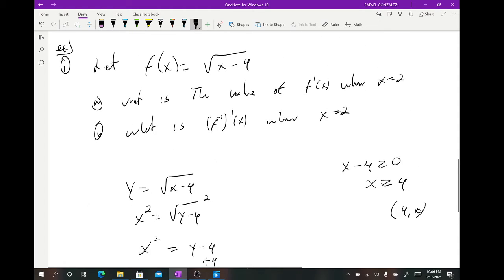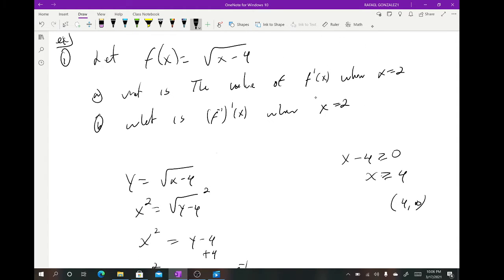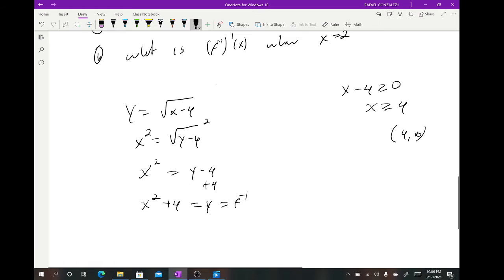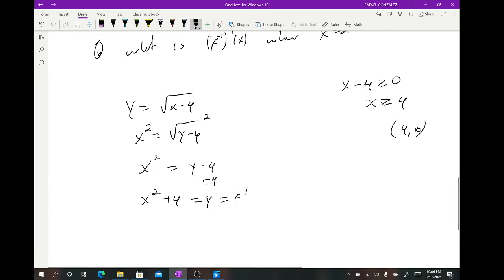Now, first question is, what is the actual value of f inverse when x equals 2? And to figure that out, we simply plug in 2 for f inverse, but f inverse is x squared plus 4. So there's going to be 2 squared plus 4, which is 4 plus 4, which is 8.